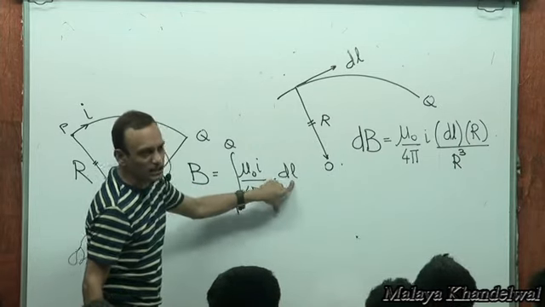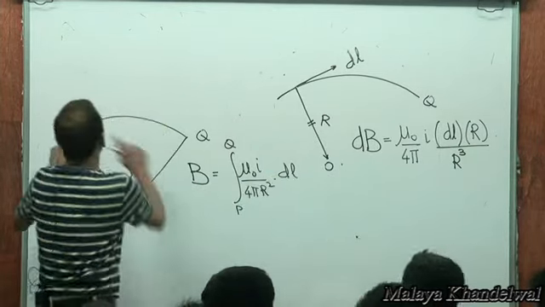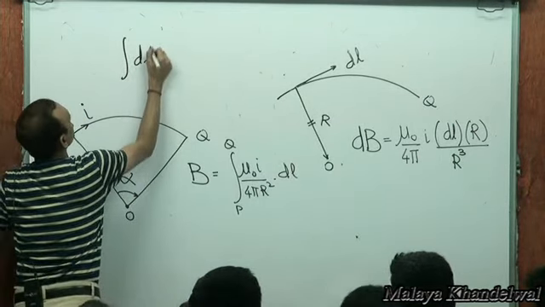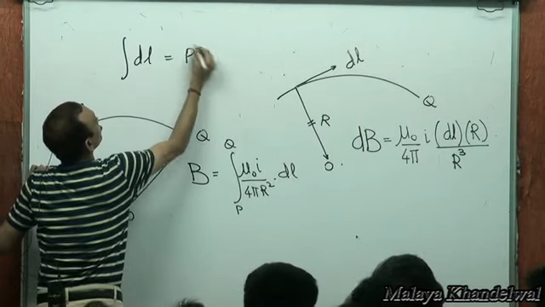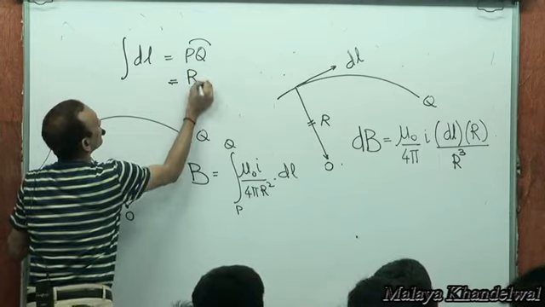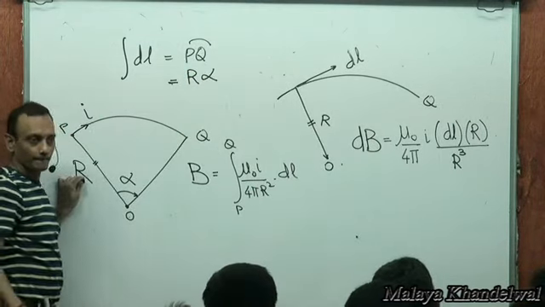Then integral dl is what we will be left with. Integral dl would be the length of this arc. Yes or no? Integral dl would be the arc length PQ, which would be r alpha. Right?